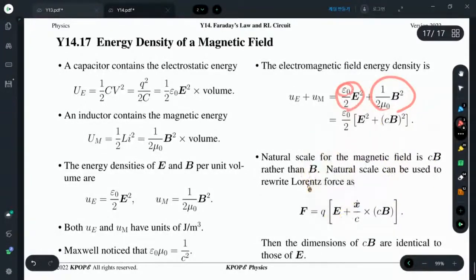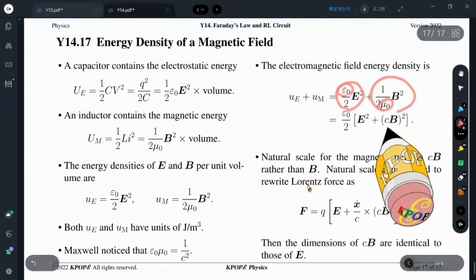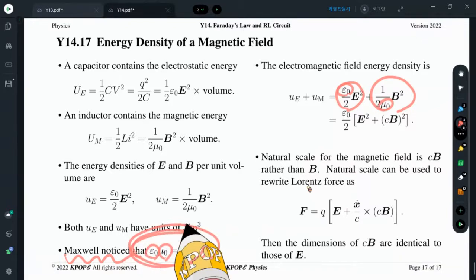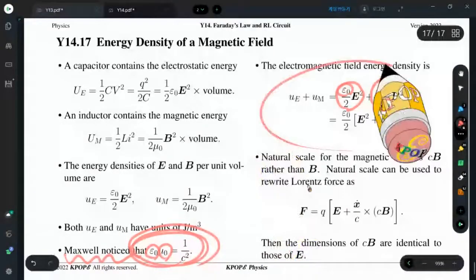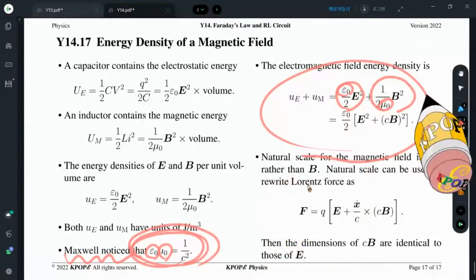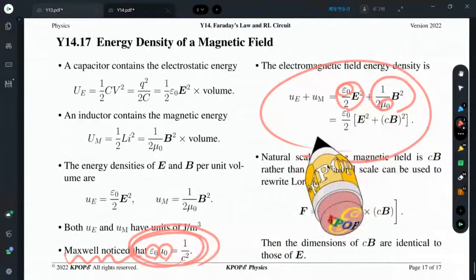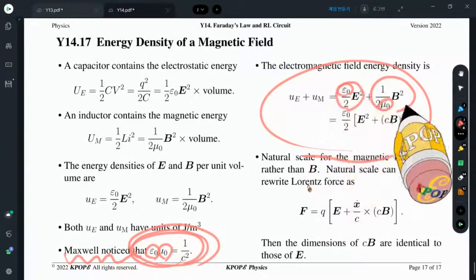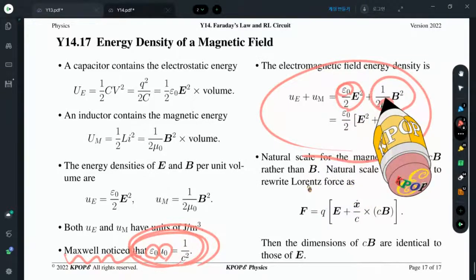Remember, epsilon 0 is above, mu 0 is below, and Maxwell noticed that the product of these strange factors becomes 1 over the speed of light squared. So for the electromagnetic field, even though the electric field and magnetic field are not conservative because of the time varying field, the sum of the electric field and magnetic field energy is conserved.